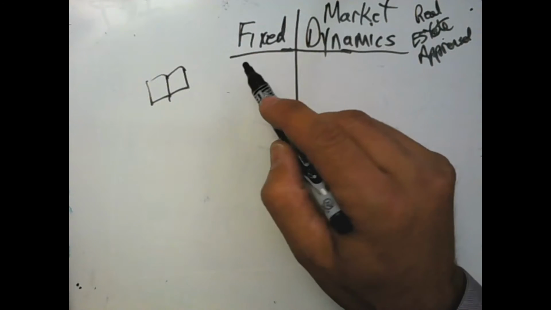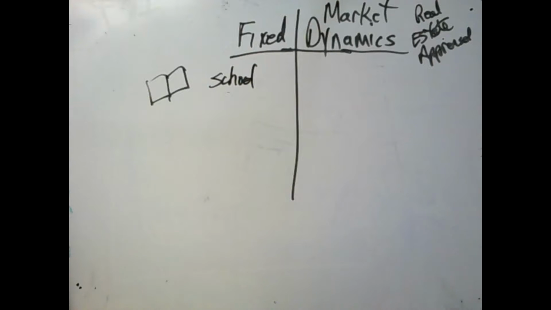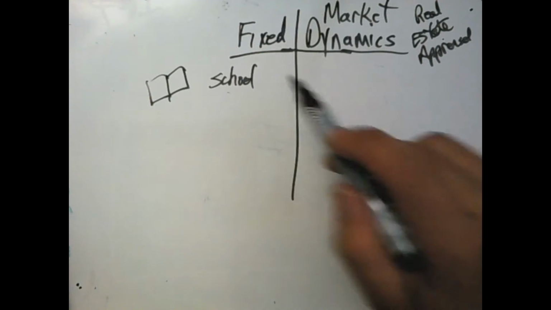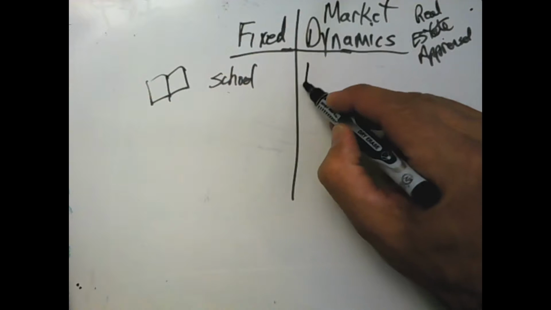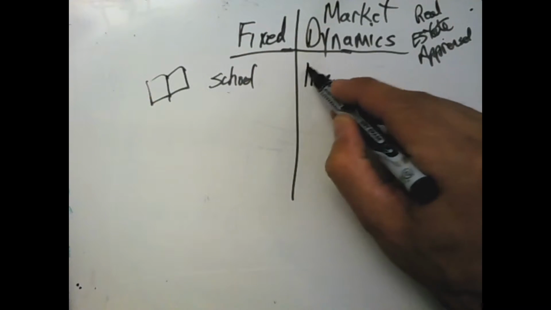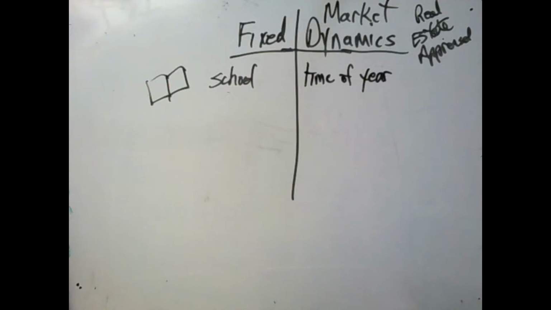Now, one of the fixed things is you can't change the school district. If somebody is going to be coming in and buying your house, they will probably be looking at the school district, but you can't change it. Another aspect that's dynamic to the market is the time of year that the house buyer is shopping.